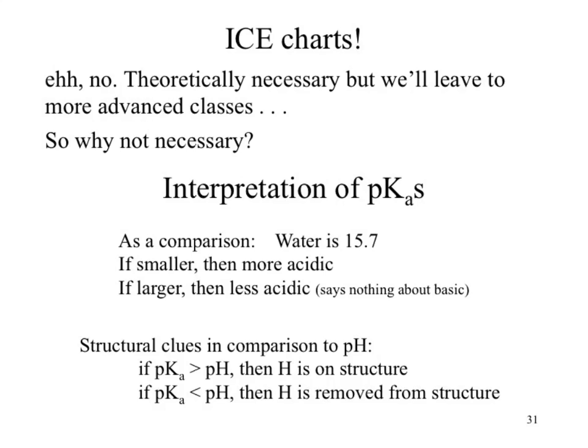If we do the flip, if our pH is very, very high, what does that mean? We're in a basic environment. We should remove the hydrogen from our structure. Okay? Where does that relationship come from? Henderson-Hasselbalch. Which you can go through, and I would kind of recommend you do, at least for a first couple problems, solving out your problem using the Henderson-Hasselbalch equation and looking at those relationships.